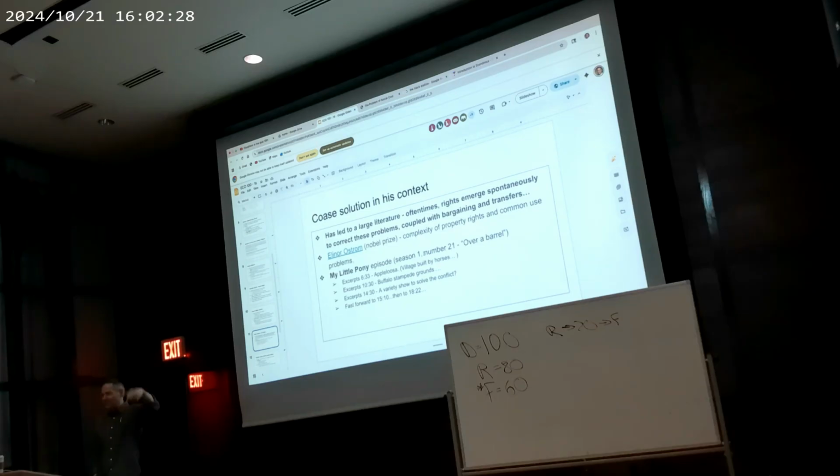as this episode was unfolding, I was like, what is going on here? And so I started watching it, and I was thinking, whoever did this episode has been thinking a lot about the Coase theorem. And in the end, I was thinking, this is a really nice illustration of a lot of the causes that I've been talking about. This idea that property rights disputes are complex.